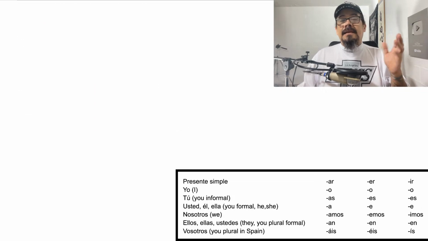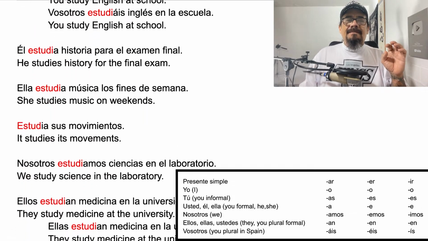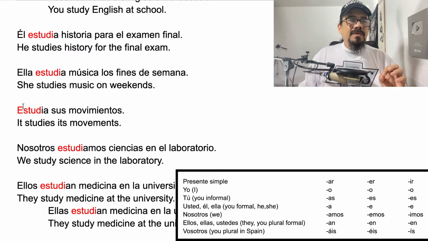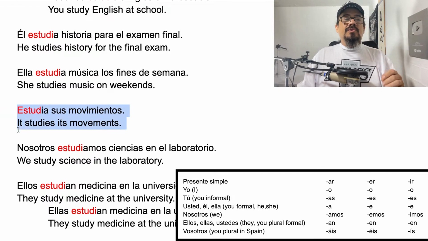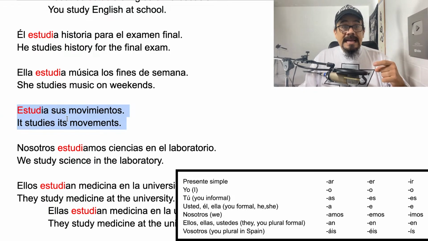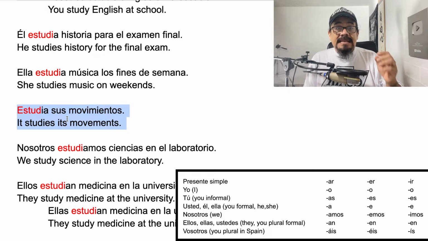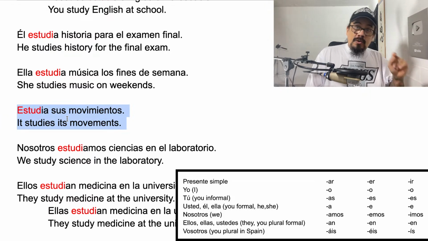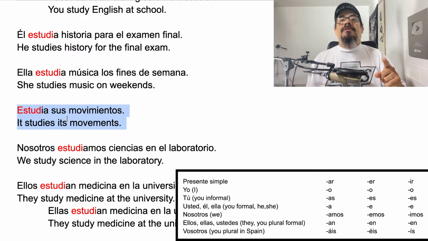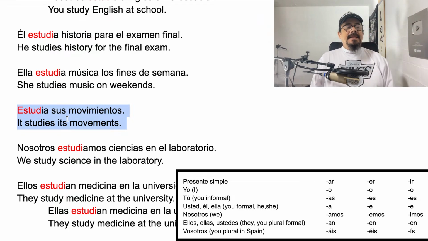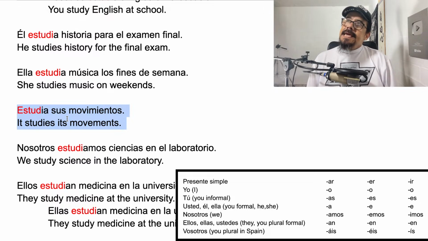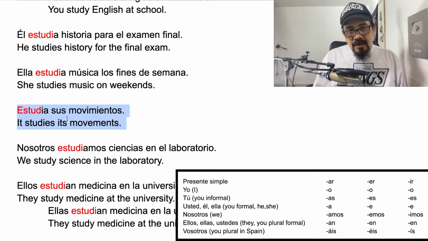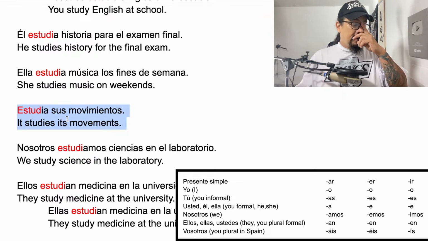Here, estudia tus movimientos would be imperative, or estudie sus movimientos, that would be imperative, but not this one. We can say, yeah, that could be imperative form, yeah and no, and mostly no because of this.